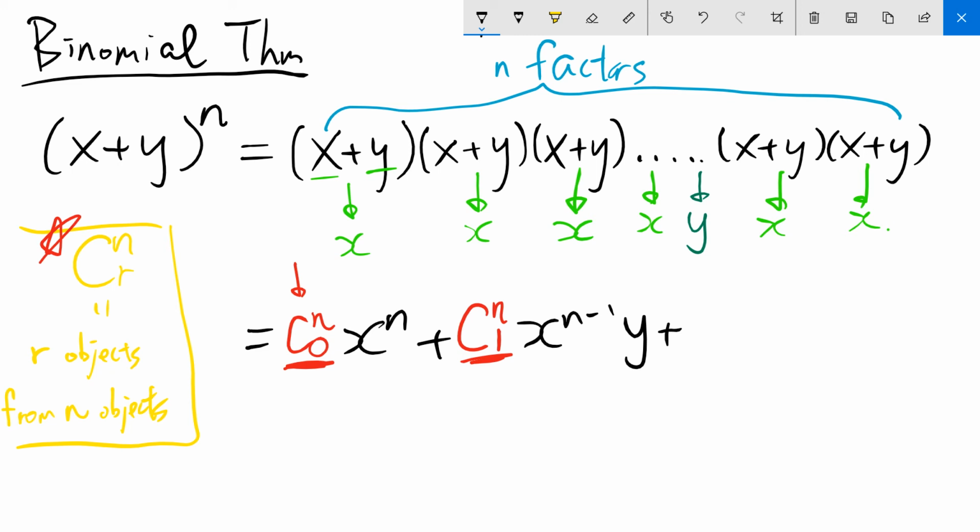The other situation is we choose 2 factors for the y and n minus 2 factors for the x. So the product will be x to power n minus 2 times y squared. And how many combinations are there?